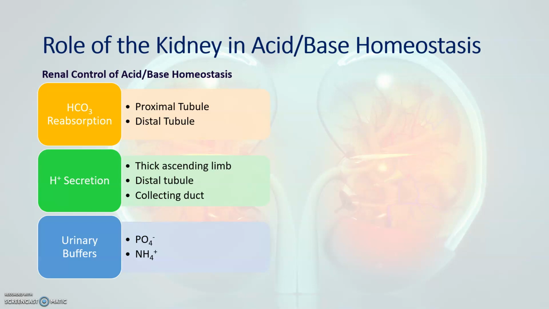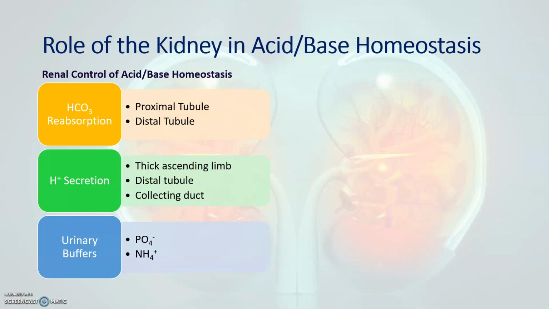Finally, it's worth remembering that in the kidneys, the loss of a large amount of hydrogen ions could potentially make the urine so acidotic as to be damaging to the urinary tract. Therefore, the hydrogen ions in the tubular fluid and ultimately in the urine have to be buffered. And there are two buffering systems that deal with this.